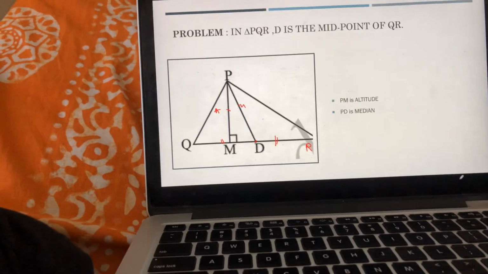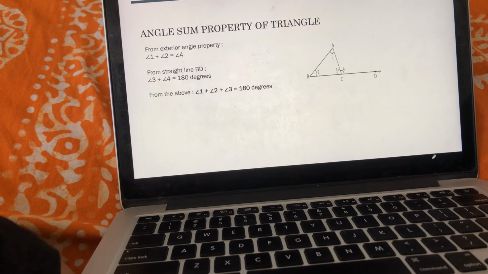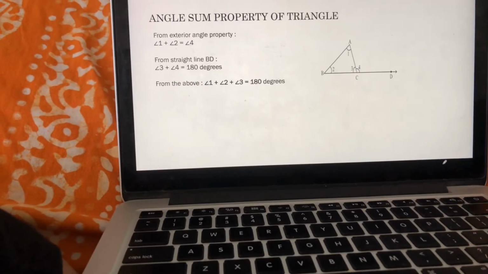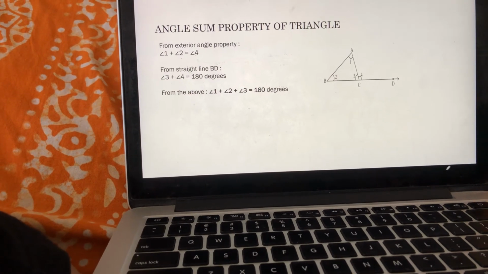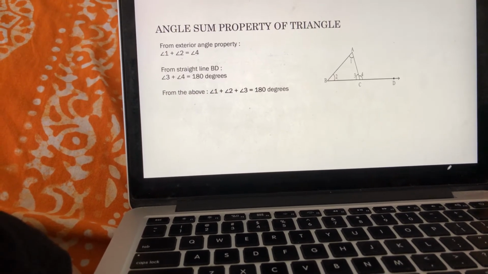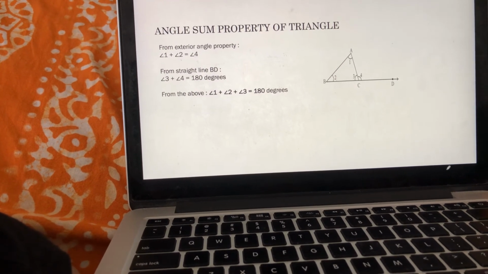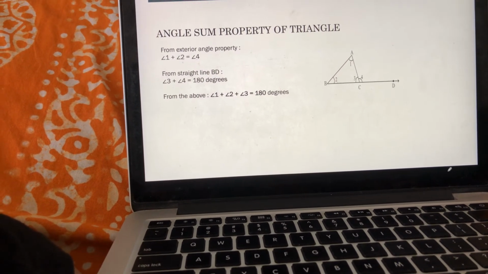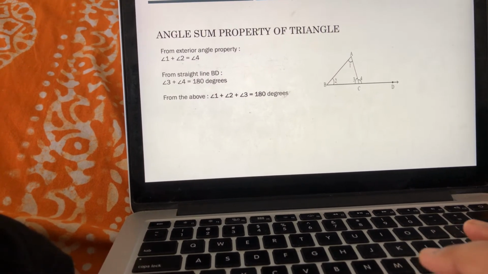Okay, let's study that in detail. From the exterior angle concept, we have angle 1 plus 2 is equal to 4. From the straight line concept, we have angle 3 plus 4 equals 180 degrees. But we know 4 can be substituted using angle 1 and 2. So angle 1 plus 2 plus 3 equals 180 degrees.